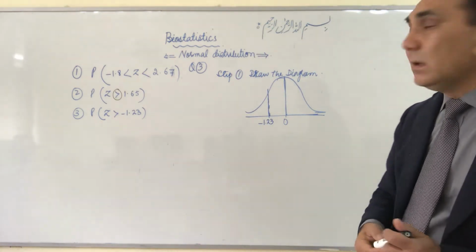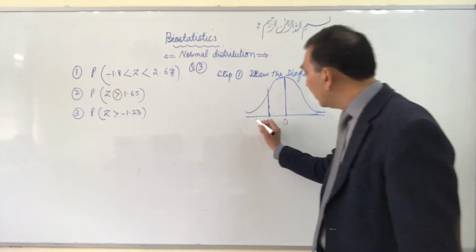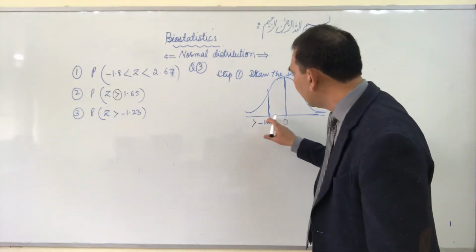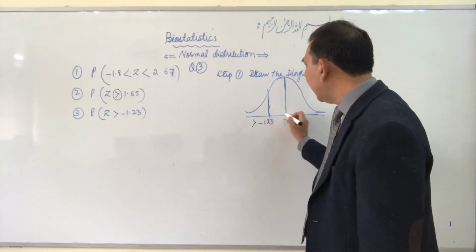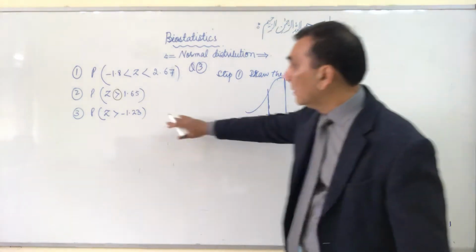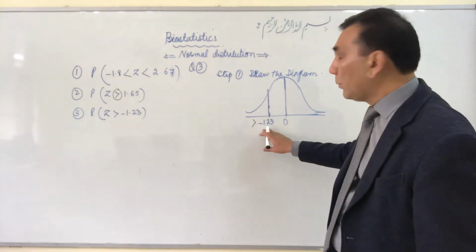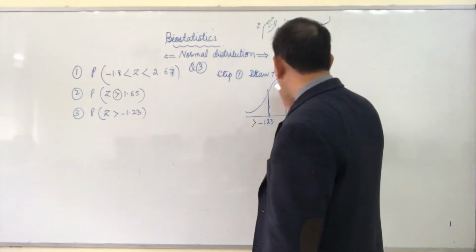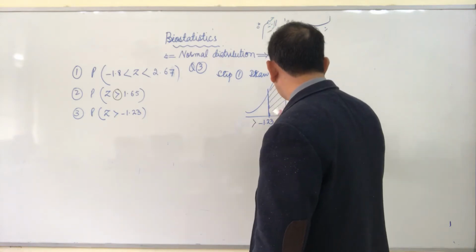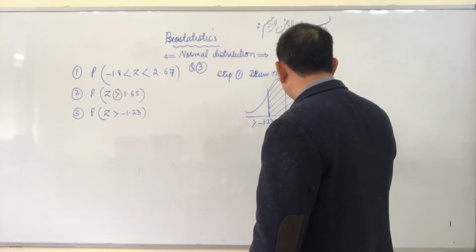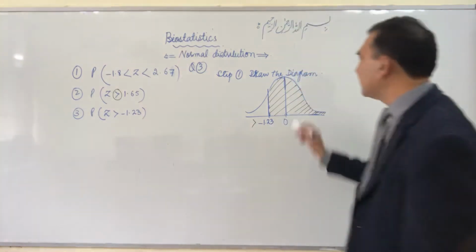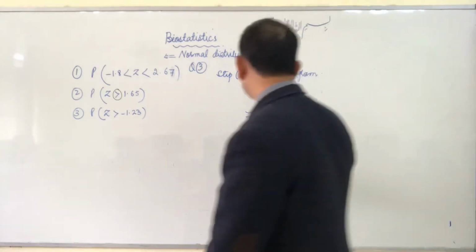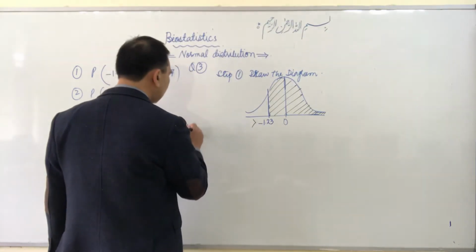The area from 0 to 1.23 is this one, but question number 3 asks for the probability area above minus 1.23, so we mark the whole area. What is the proportion above minus 1.23, this whole area? Now we will solve step number 2.